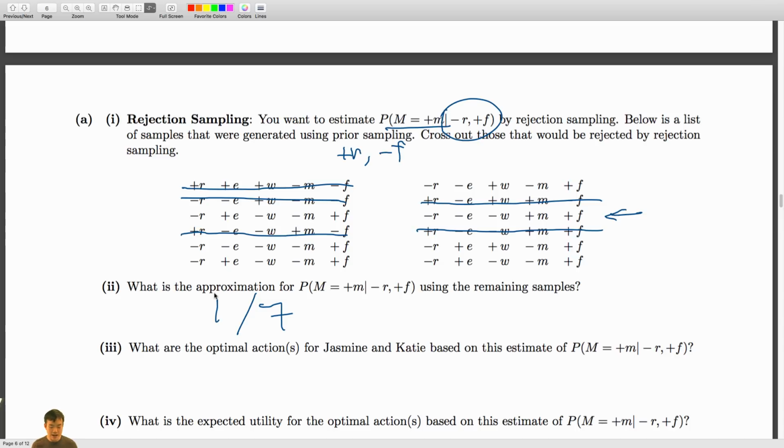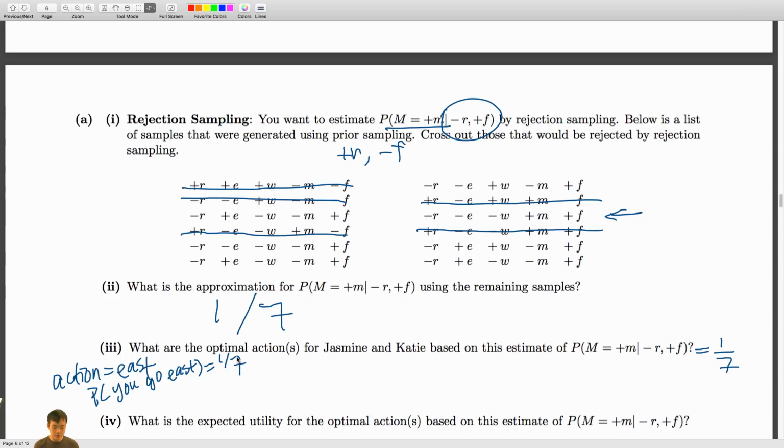And now we're asked what the ultimate actions for Jasmine and Katie to take are based on their estimate of this probability, and we know the estimate is equal to 1/7. So given what we were saying earlier, for example, if you take the action east, the probability that you actually go east is equal to only 1/7.